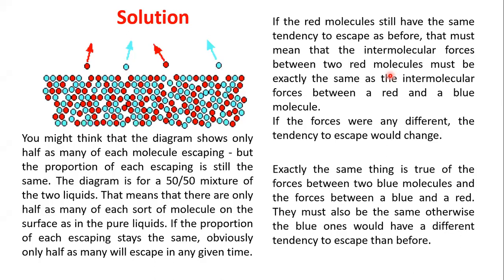Let me ask you. Let's assume that the intermolecular force between the red and the blue ball is a bit different. Let's say that the intermolecular force between the blue balls is higher than the intermolecular force between the red balls. Let me rephrase my question.